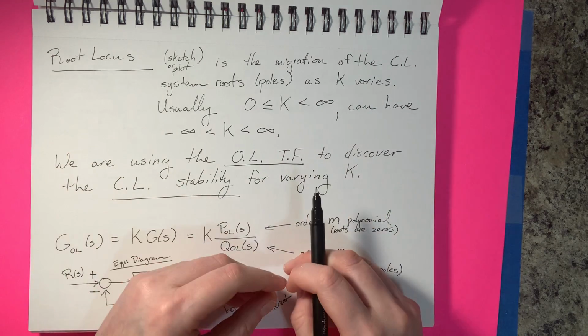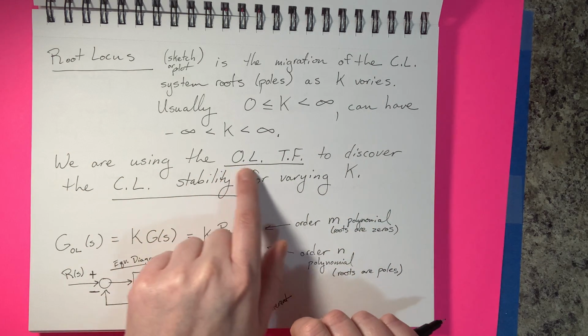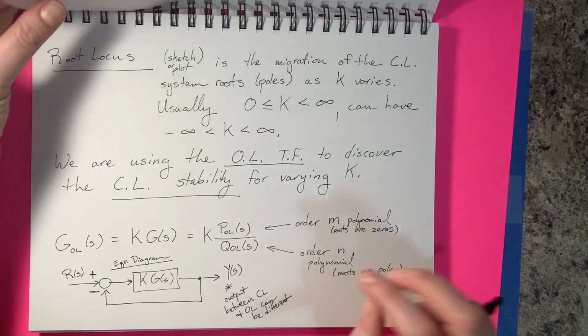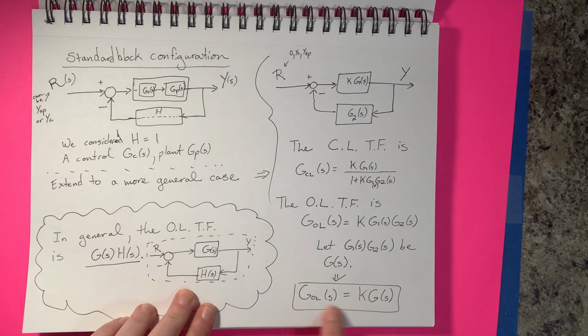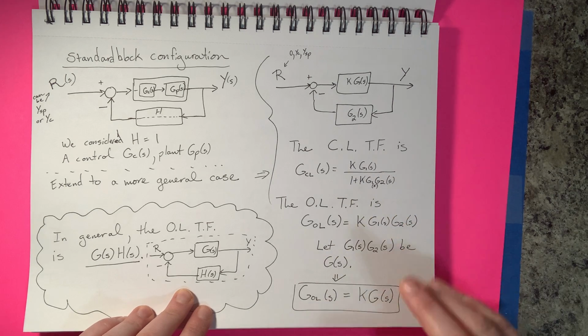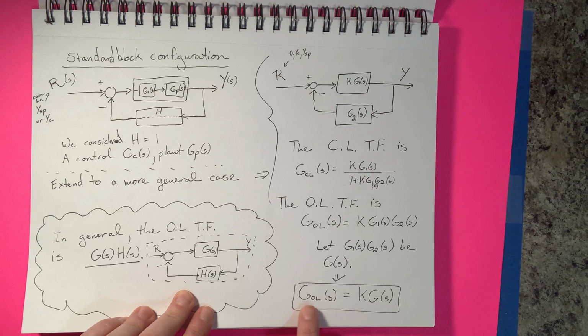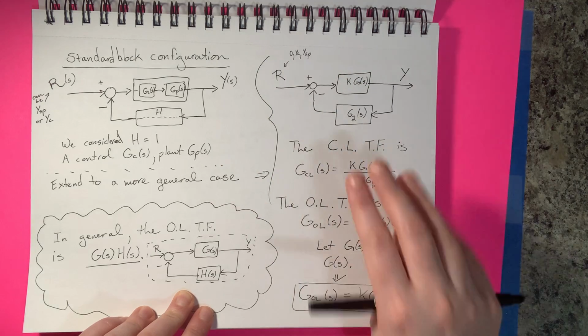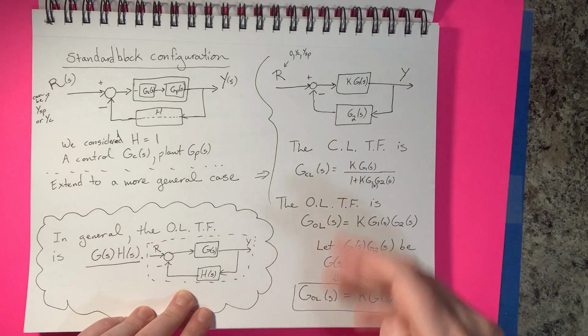Now, you'll notice that we're using an open loop transfer function. Back here, we are using this function right here, and then our g is going to change for each example problem, for each system that we have. Why are we using the open loop transfer function, which doesn't really encompass everything? We would want to use a closed loop transfer function, right?